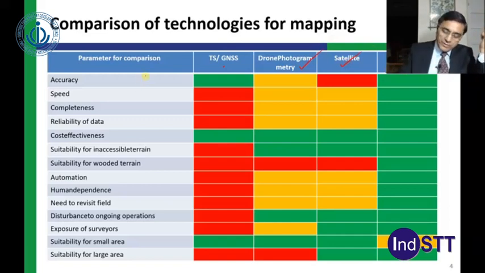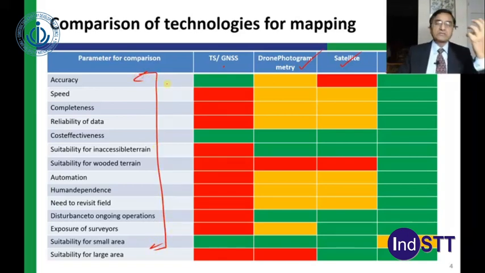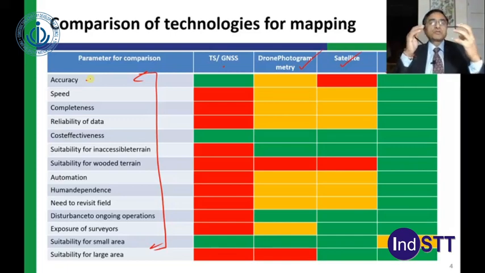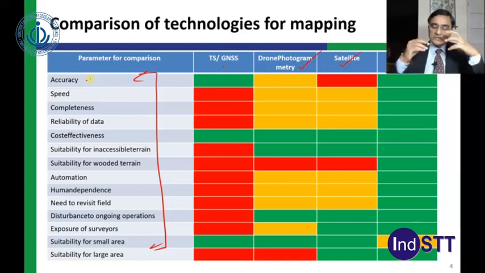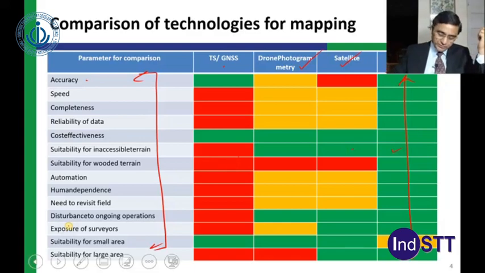So if we compare these technologies on certain parameters, and when I say parameters, I mean accuracy, speed, completeness, comprehensiveness, and ease, cost effectiveness, then possibility of doing the technology even in remote areas. So in all these cases, if we compare the technologies, you will find the LiDAR technology compares the best with respect to the other technologies. Okay, so here red means poor, green means very good.